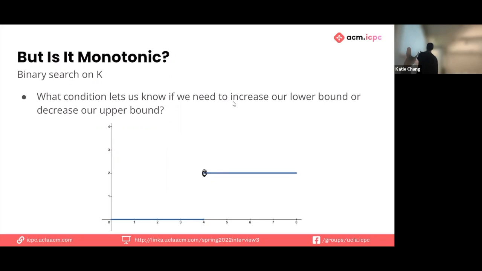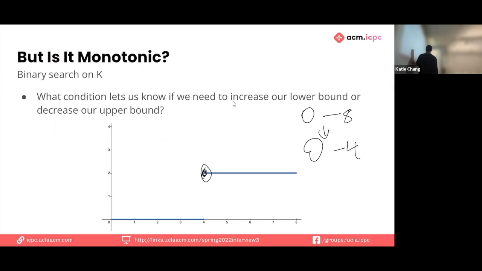We have no way of determining what makes this any different than this, because these are all connected. So what we do is we still include 4 in our search space, despite decreasing the upper bound. So we went from 0 to 8, and now we're going to translate it 0 to 4.